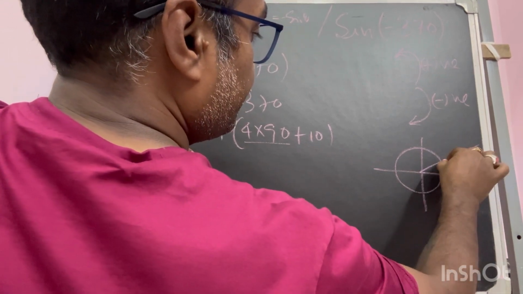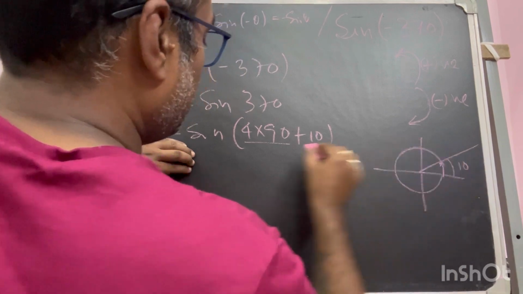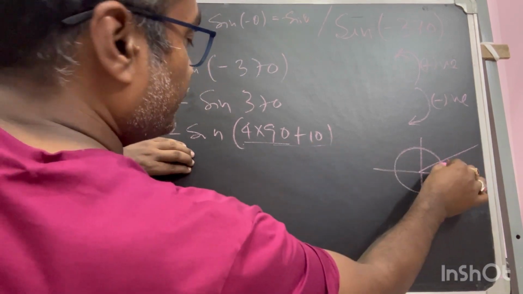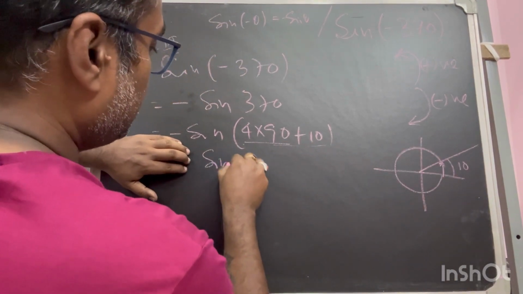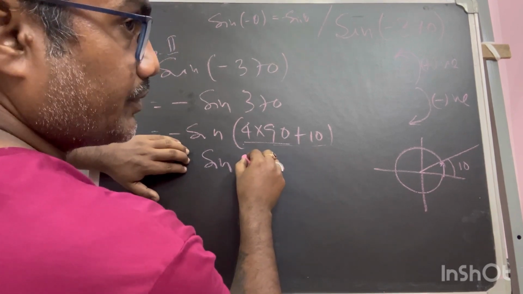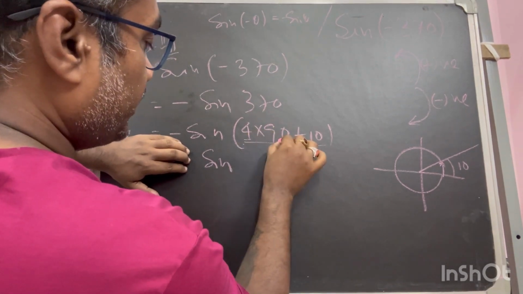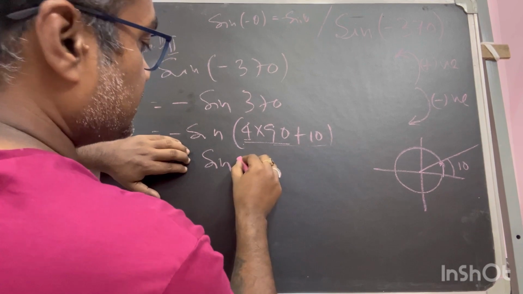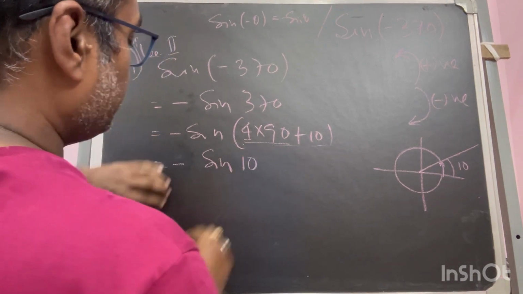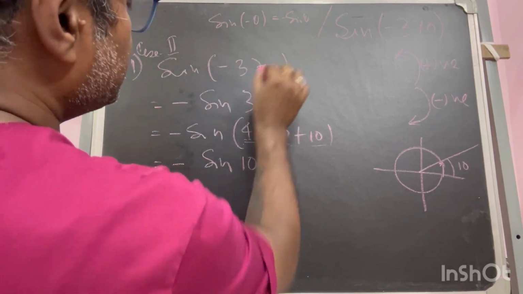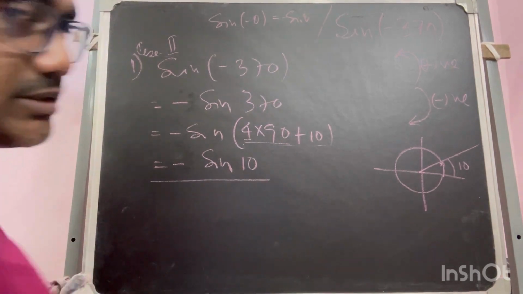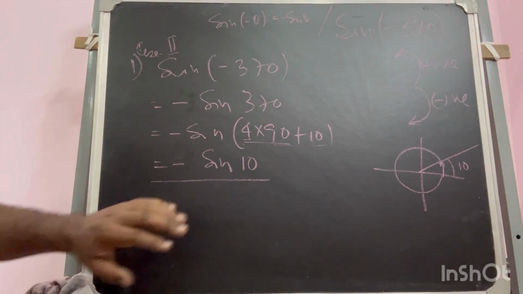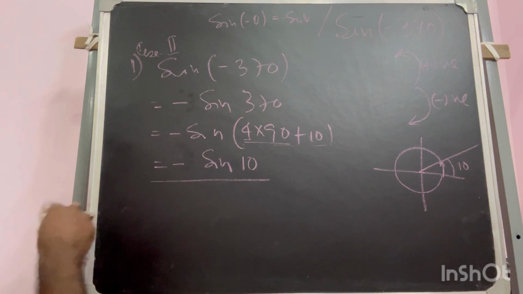This is 10 degree. So ultimately this angle comes in first coordinate. So for 4 into 90, sine will be sine, and for first coordinate, sine will be positive. So it will become this. So ultimately sine of minus 370, the ultimate result is minus sine 10. Okay. So remember this result.